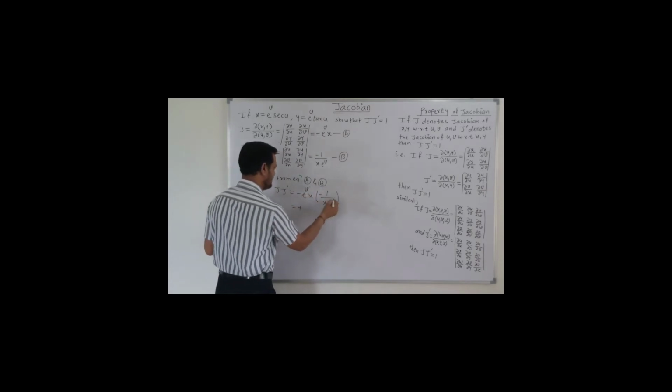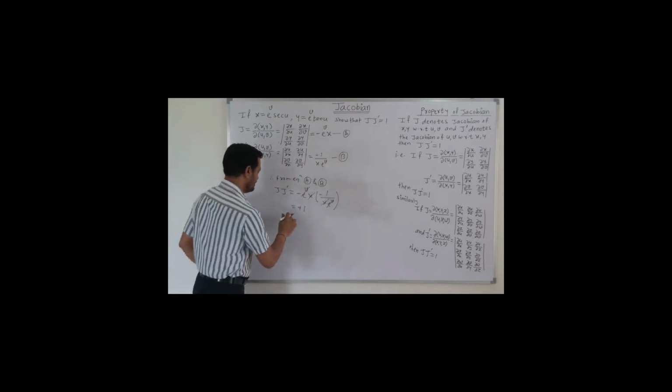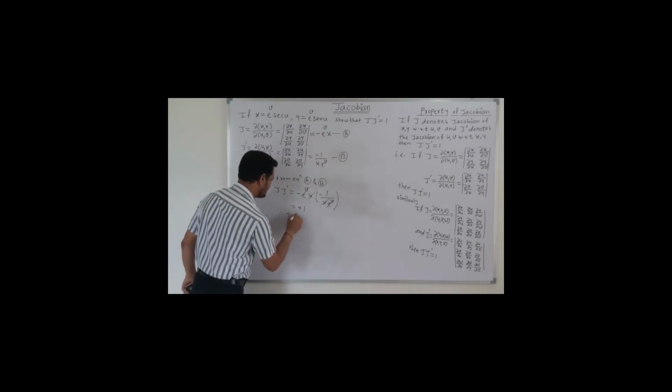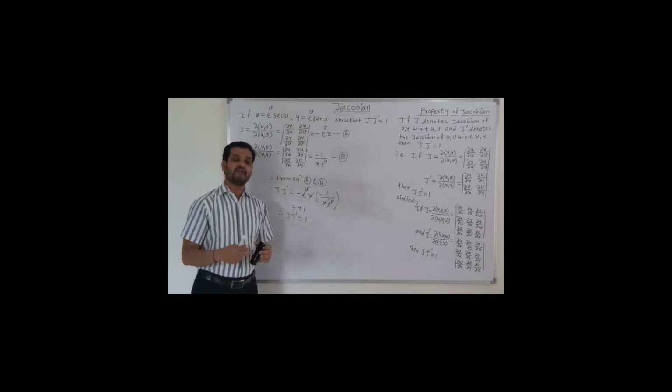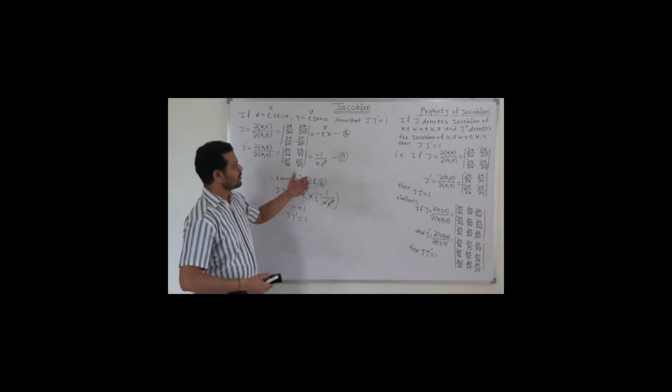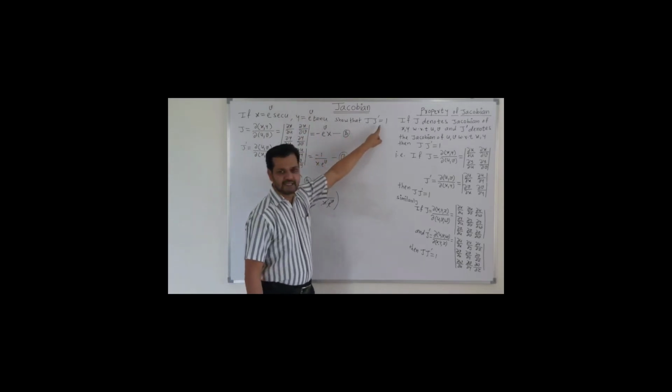Then this e raised to v, this e raised to v, this x will be cancelled, and this value is 1. So therefore we can write z into z dash is 1. In this way, friends, we can easily prove the property of Jacobian for x equal to e raised to v sec u and y equal to e raised to v tan u. So the value of j into z dash is 1.